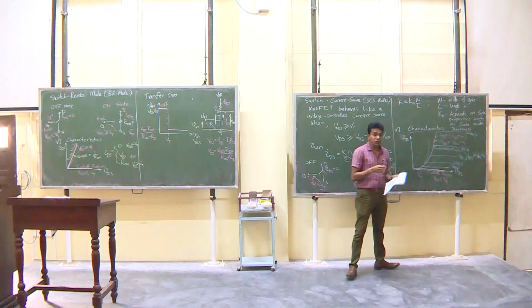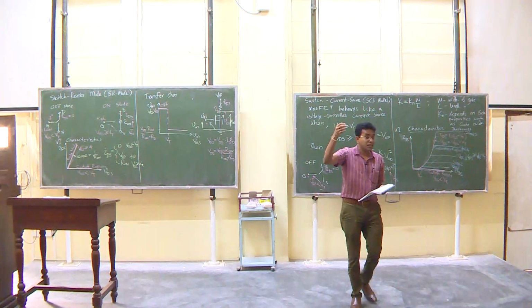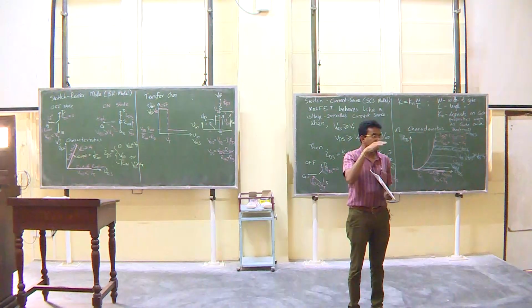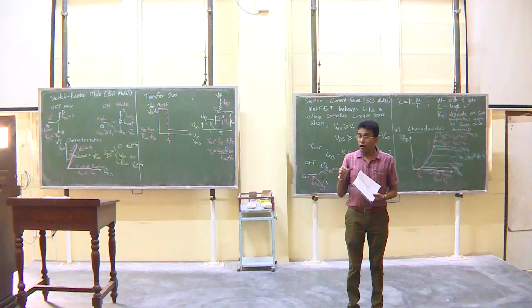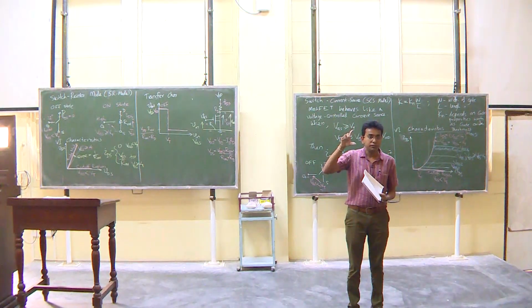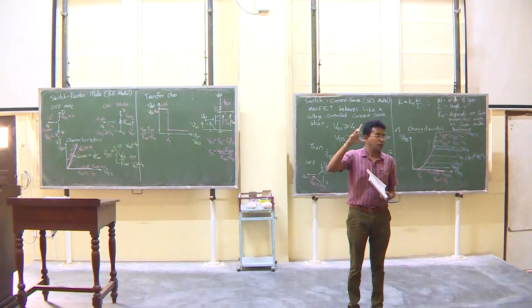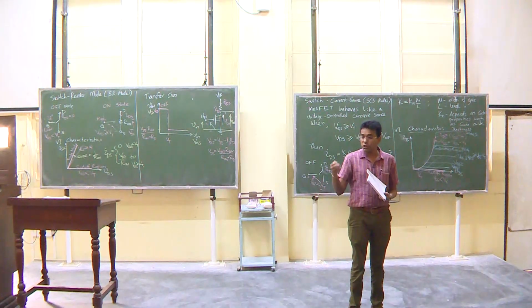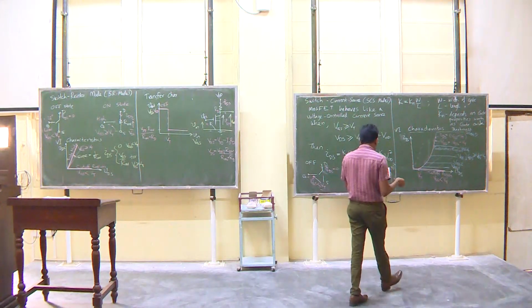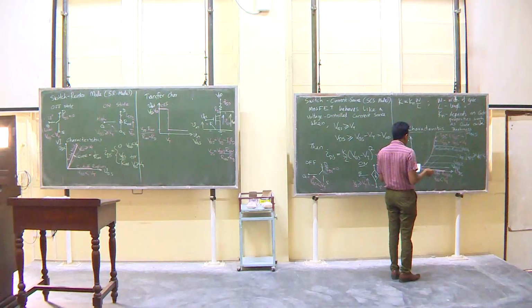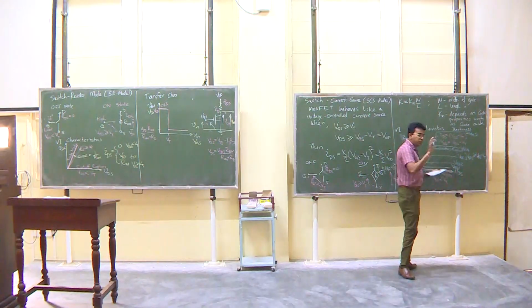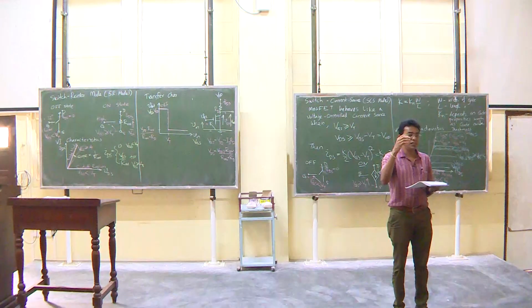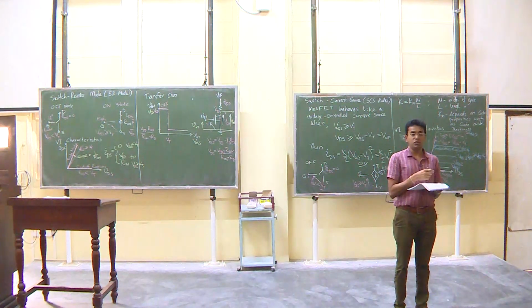Why is it called saturation? If you keep VGS constant, the current is constant, so ID is constant.